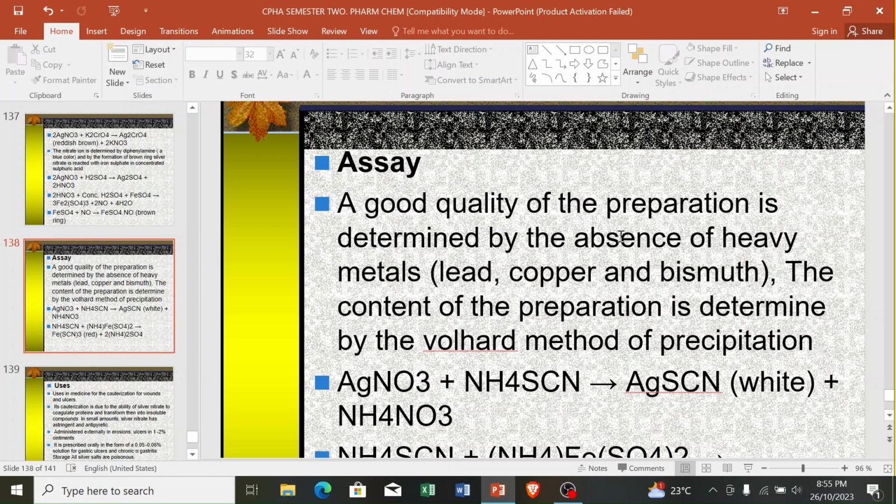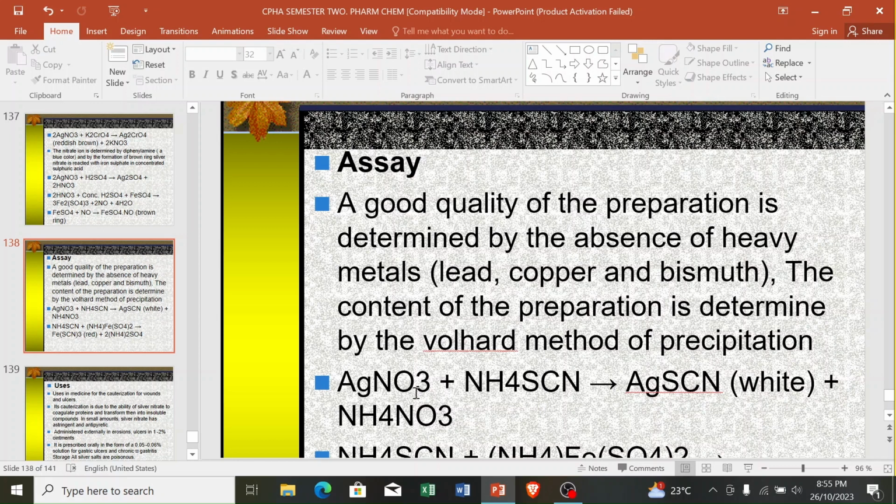A good quality of the preparation is determined by absence of heavy metals, that is lead, copper, and bismuth. The content of the preparation is determined by what we call the Volhard method of precipitation. So what happens there?